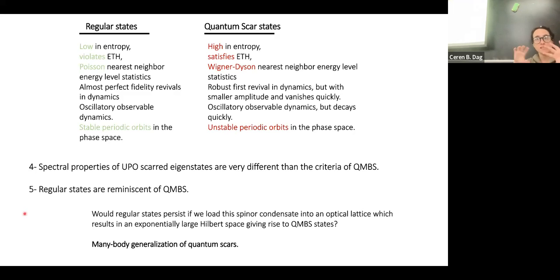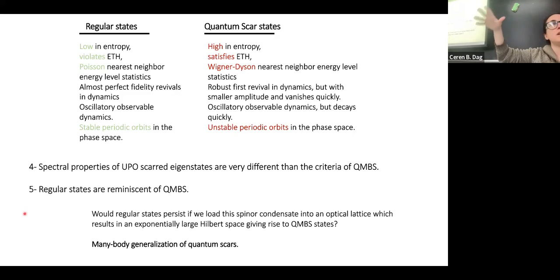This is actually in between, with these different elements. Indeed, if you prepare a state that overlaps with both of them, which most states will, then in the dynamics you're going to see the effect of both.